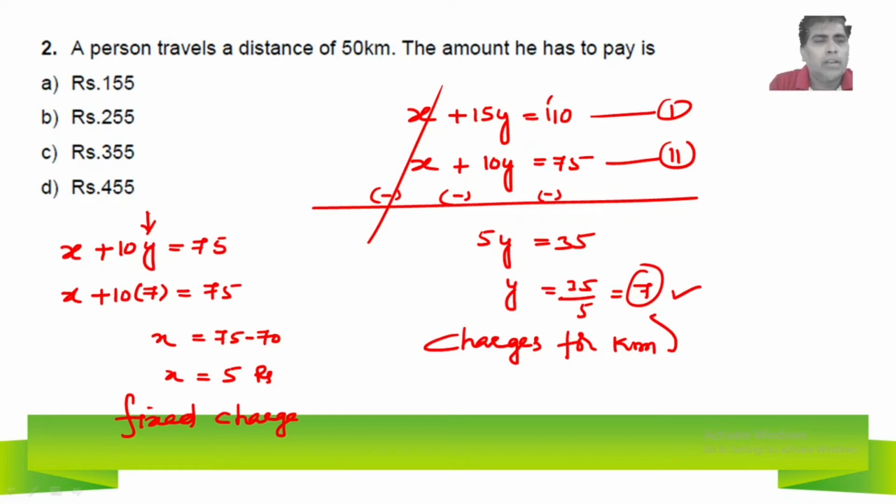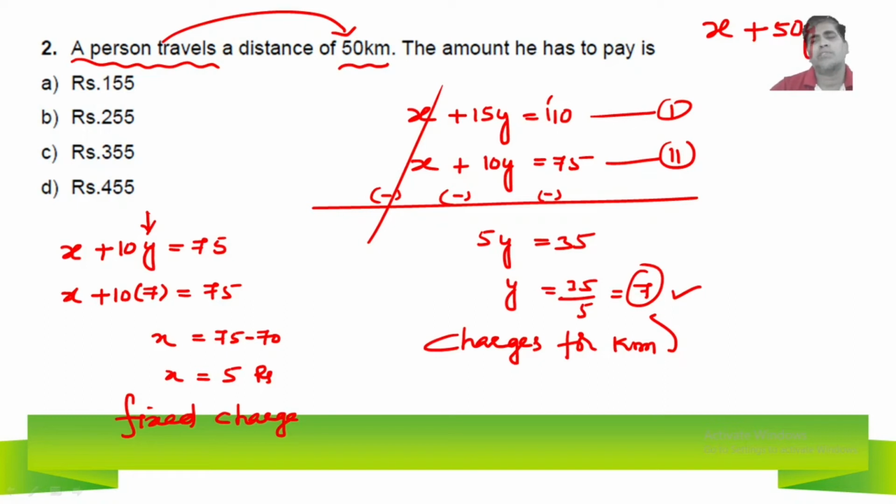Now we have to apply this data to the question. This time the person has traveled 50 kilometers. So write the equation: x, the fixed charge, plus 50 kilometers he is traveling, and we charge y rupees per kilometer, and in total how much he has to pay.